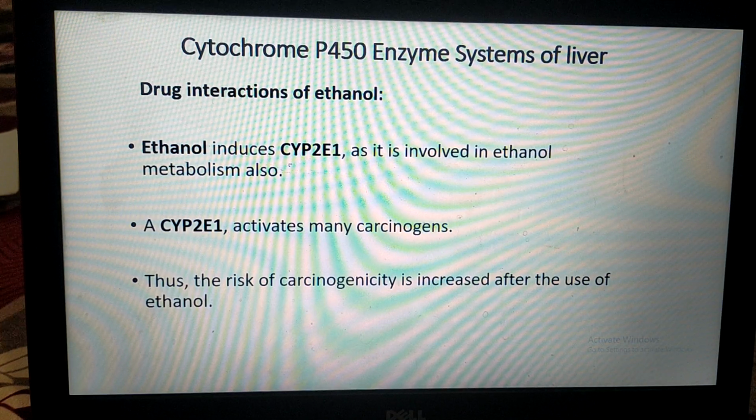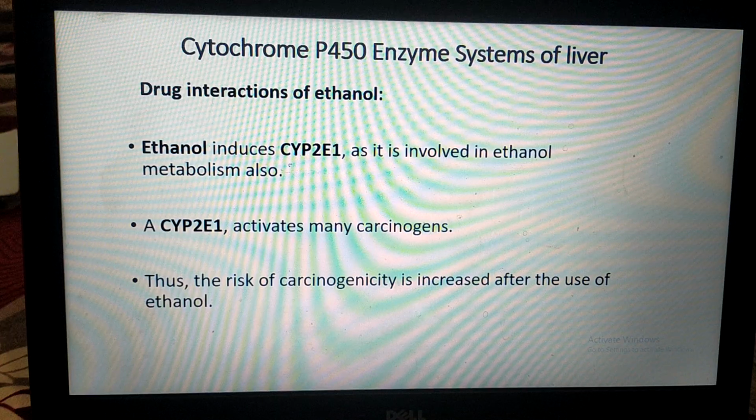Now this cytochrome P450 not only metabolizes ethanol, but it is also responsible for activation of some carcinogens in the body, and hence it is said that a patient taking ethanol has more chances of carcinogenicity, especially liver cancers, because of this activation of this cytochrome P450 enzyme.